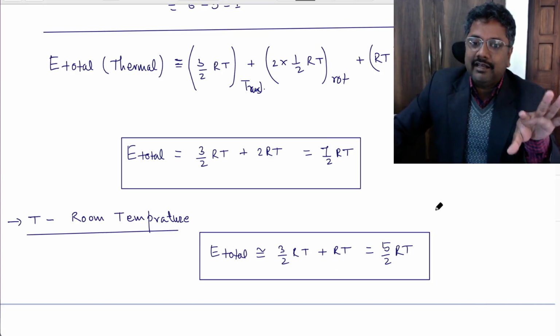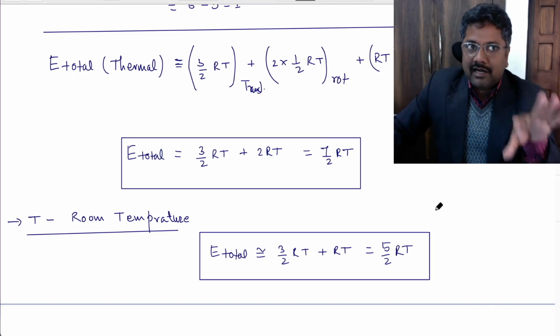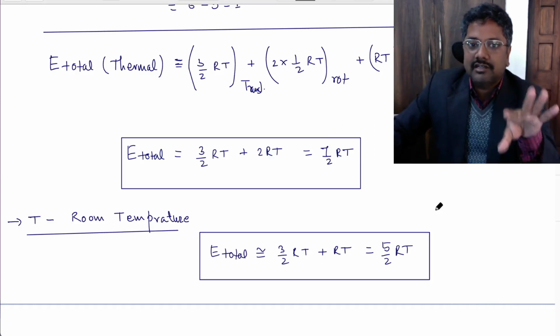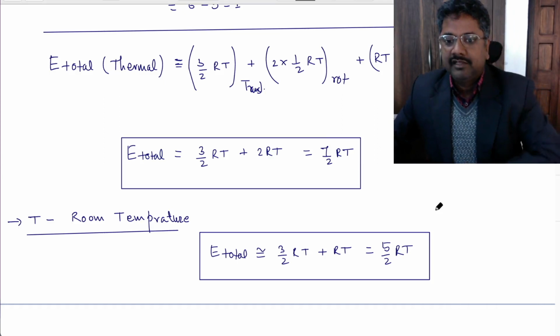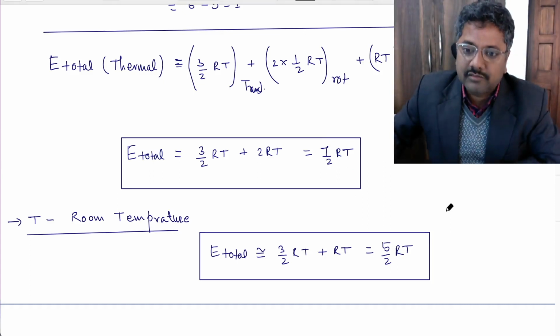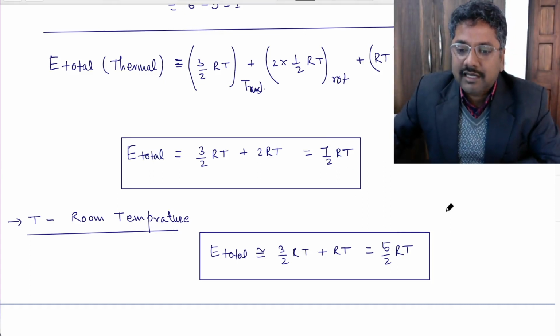So be ready for what they have asked. When they ask total energy, you have to consider translational and rotational, both, right? At room temperature ignore vibrational, but at higher temperature vibrational also contributes, remember my words.